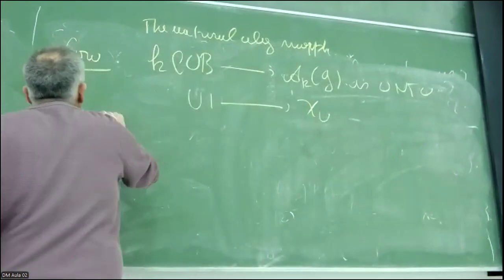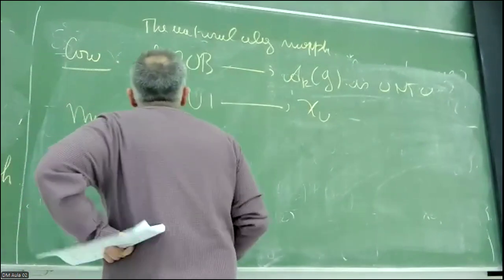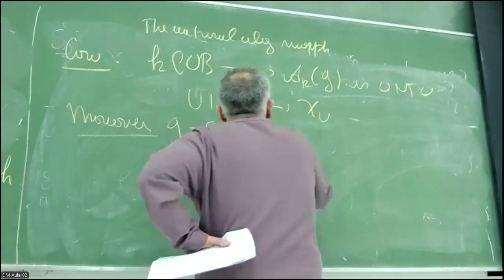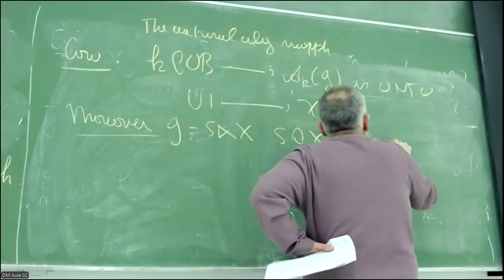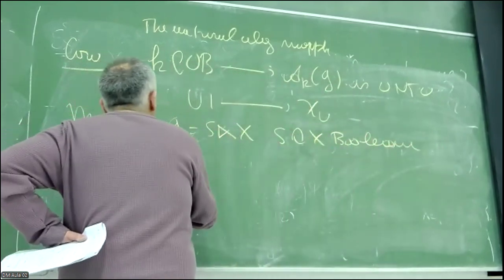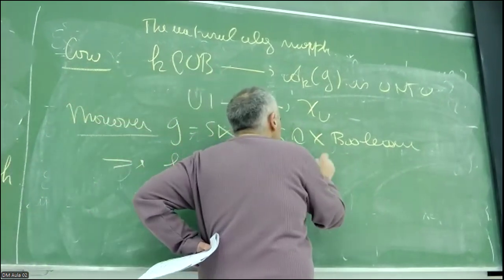Moreover, by the remark I said before, if G is S cross X and the action is Boolean, then K of S also maps surjectively onto A_K(G).